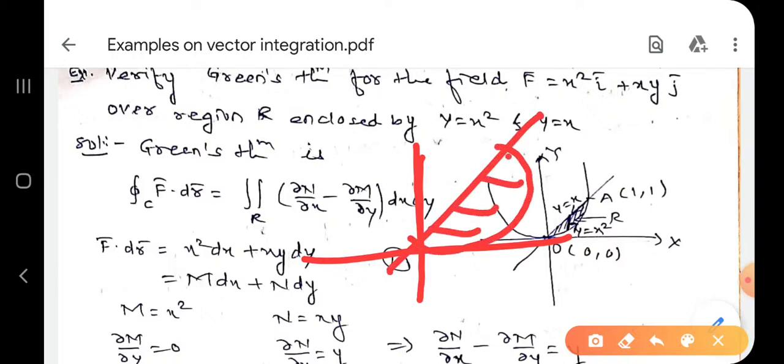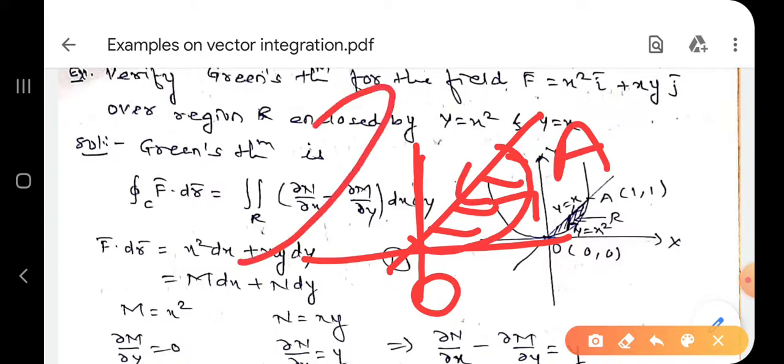So this part we traverse in the anti-clockwise direction, means from O to A and A to O. So these are the two parts, O to A and A to O, in the anti-clockwise direction. We will discuss that.